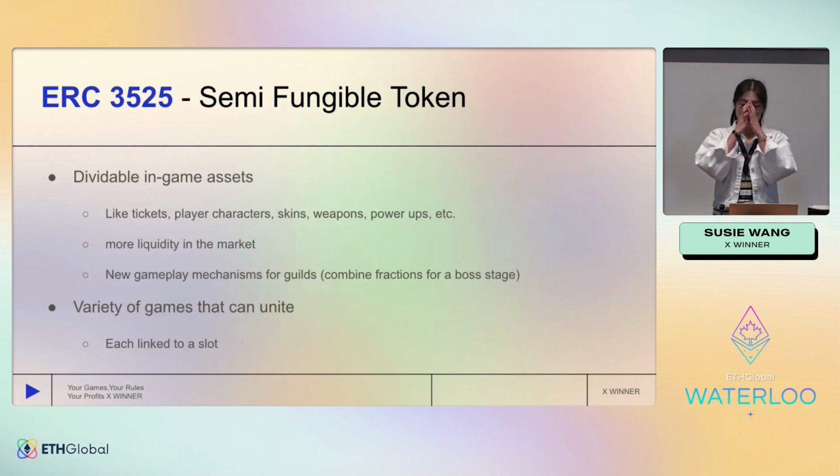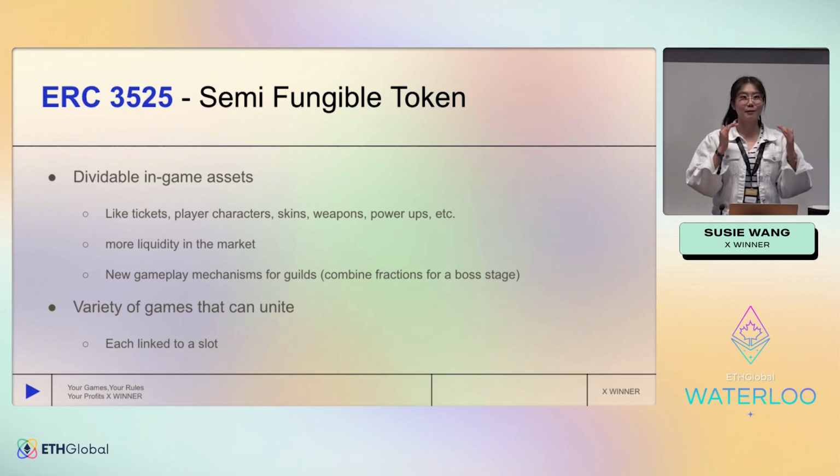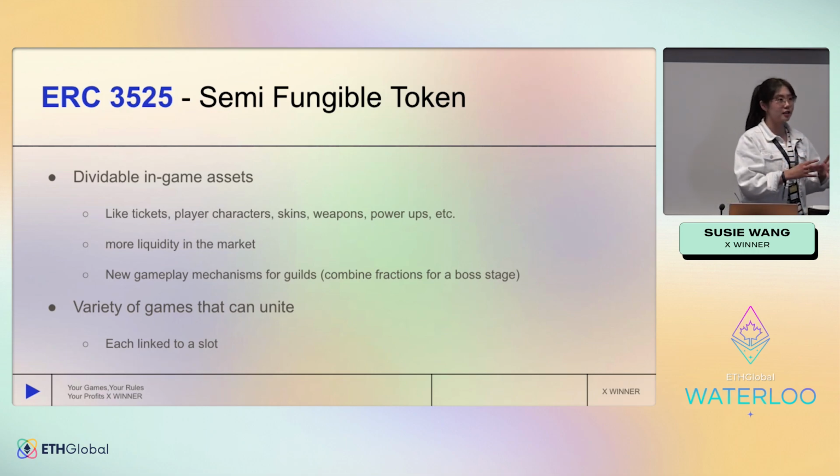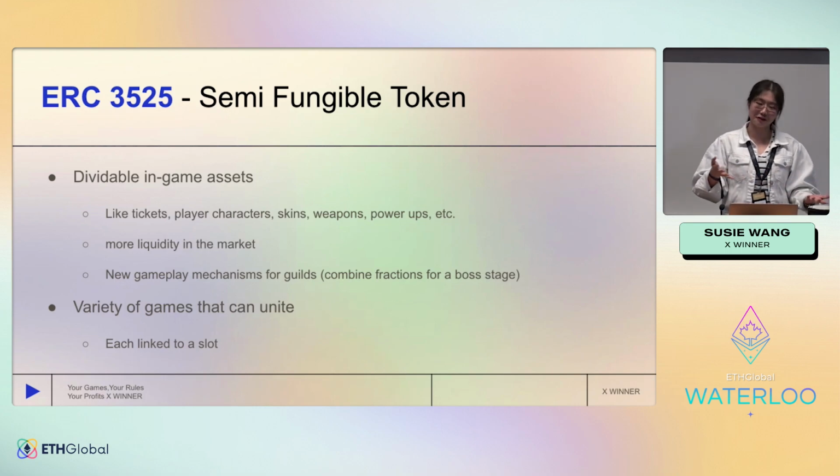So with the help of ERC3525, maybe in gaming, we can see dividable in-game assets, like tickets, player characters, skins, weapons, power-ups, etc. And also, with fractionalized NFTs, I'm so sorry, blurry tongue, we can have more liquidity in the market so that you do not really need to sell a whole NFT. You can just fractionalize that and maybe sell a portion of your NFT, which has maybe less money invested in that portion.